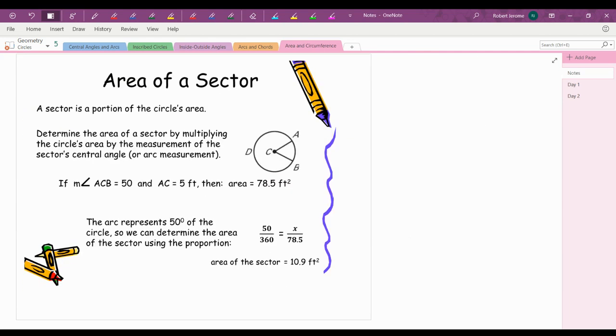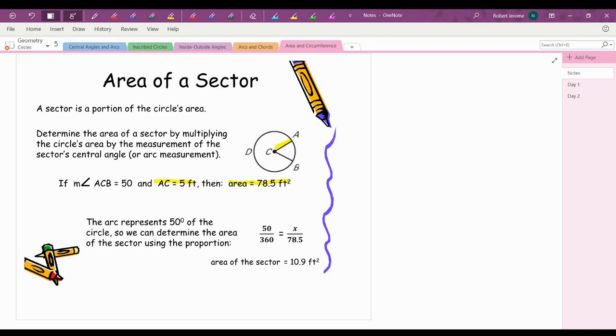So check it out. We're going to build on yesterday's lesson. Yesterday, we took our radius again, and we found the area. So the area of the whole circle.